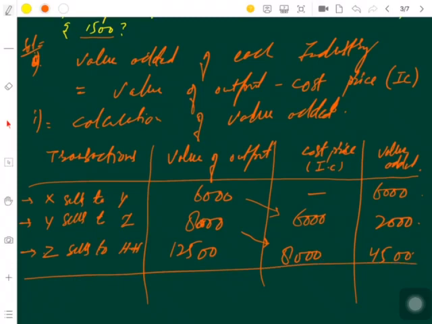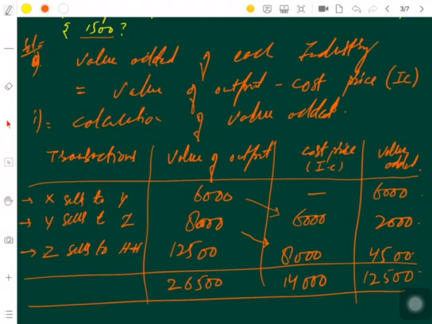So let us close the table and look into what we come upon. This will come equal to 8 plus 2 is 10 plus 4 is 14 plus 10 is 24 plus 2 is 26. That means 26,500. 6,000 and 8,000 means 14,000. 6 plus 2 is 8 plus 4,500.